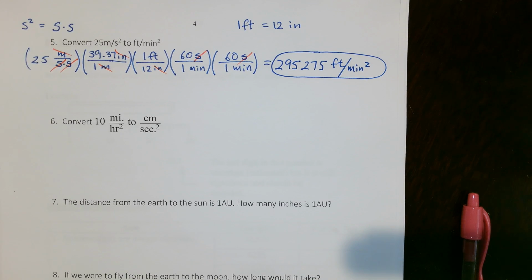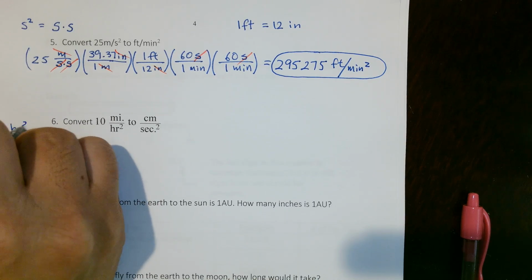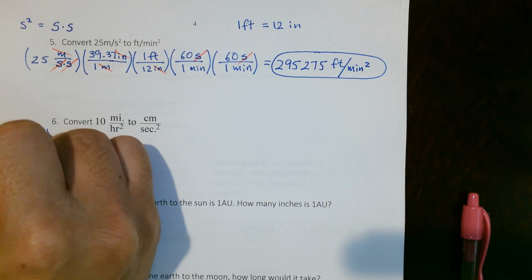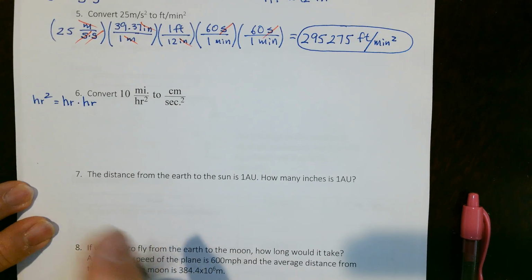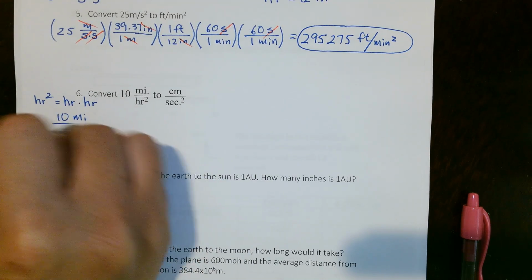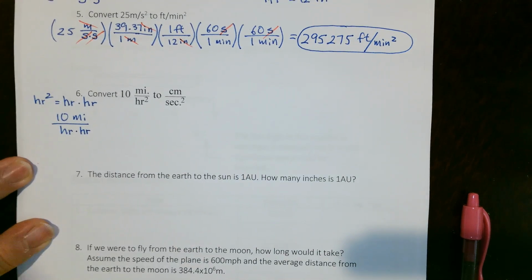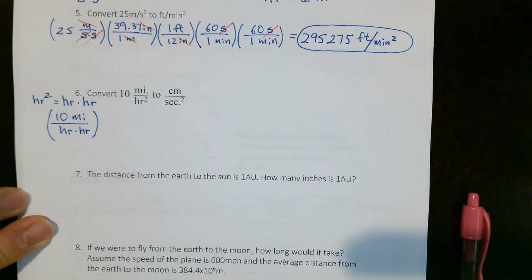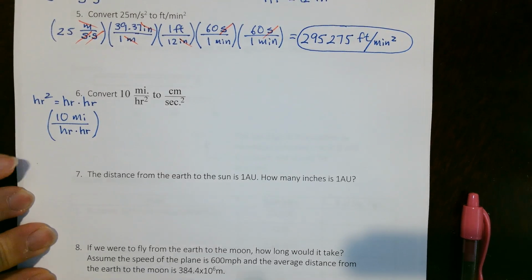Now let's take a look at number 6. Here again we have hours squared. So hours squared is the same as hours times hours. Knowing that fact, we can say 10 miles per hour squared is what's given to us, or 10 miles per hour times hour.